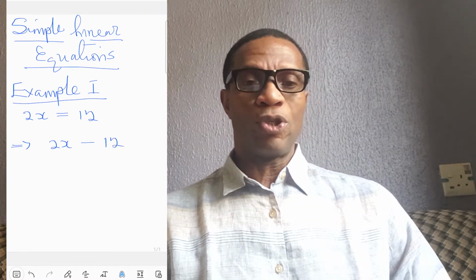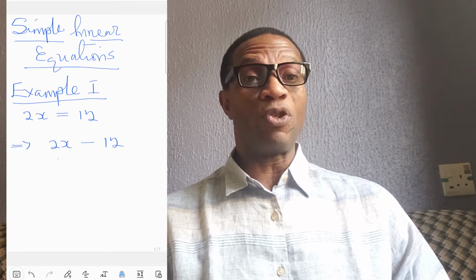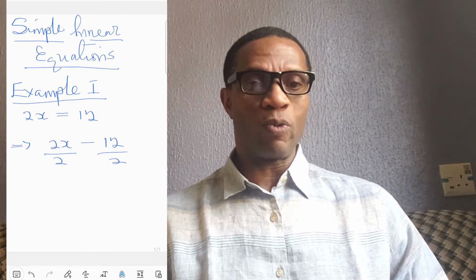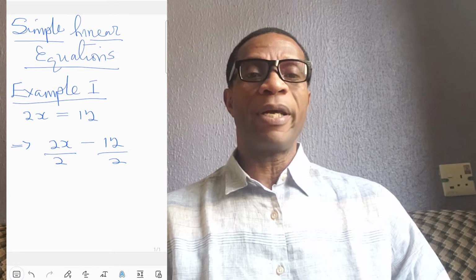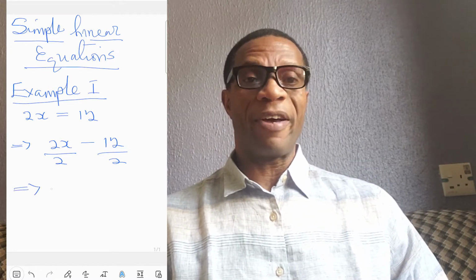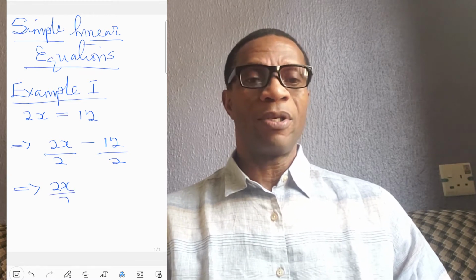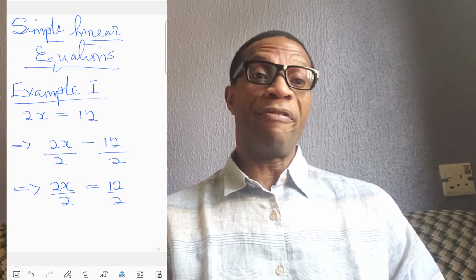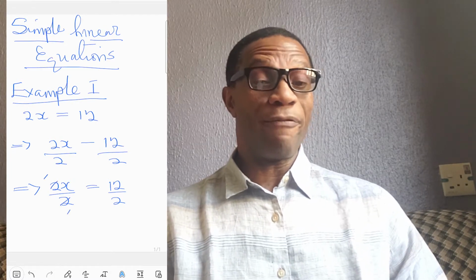So you divide 2x by its coefficient, 2, and you also divide 12 by 2. So 2x divided by 2 is the same thing as 12 divided by 2. When you cancel out, x = 12/2, which is 6. That's our first example.